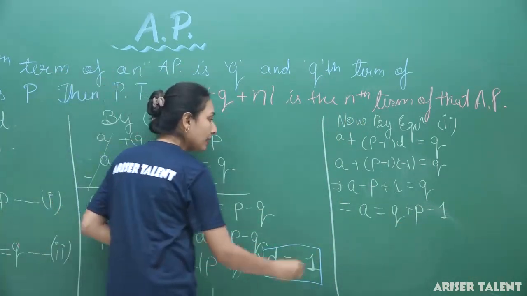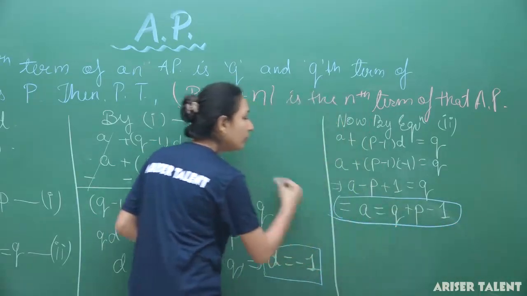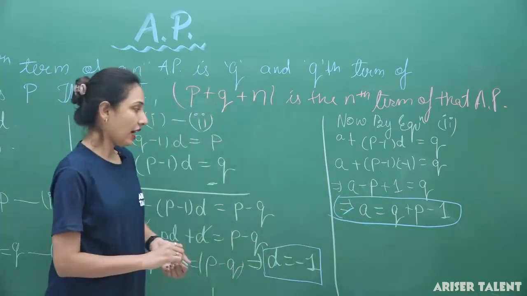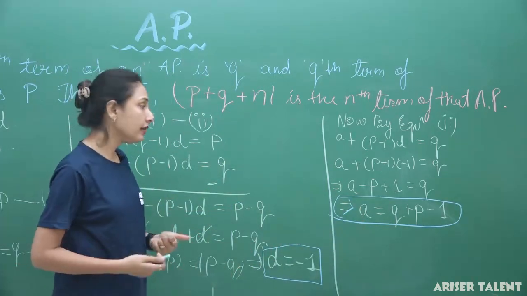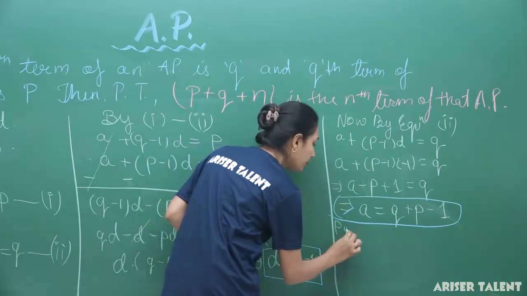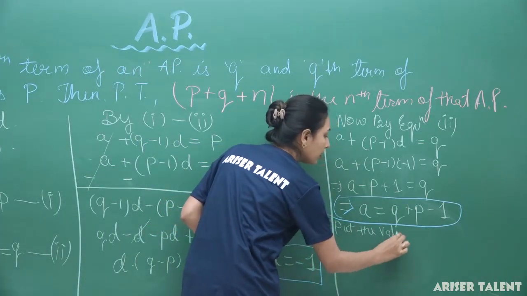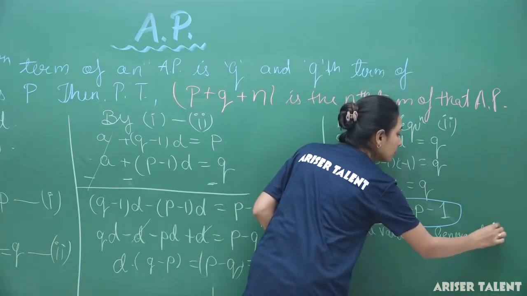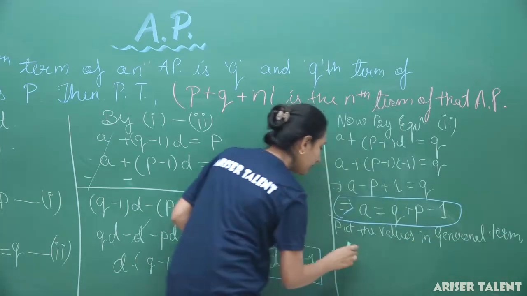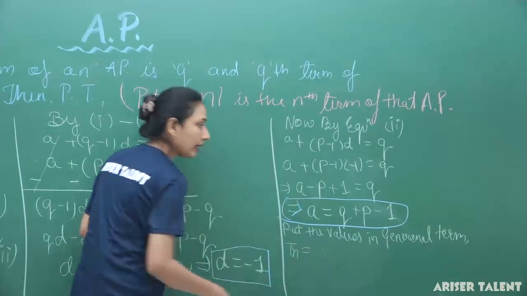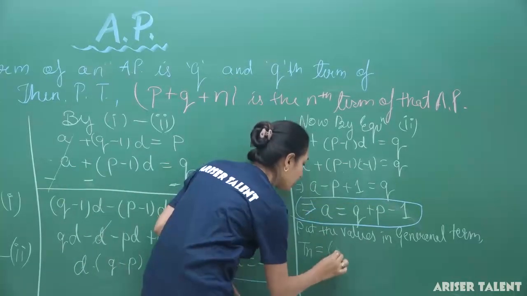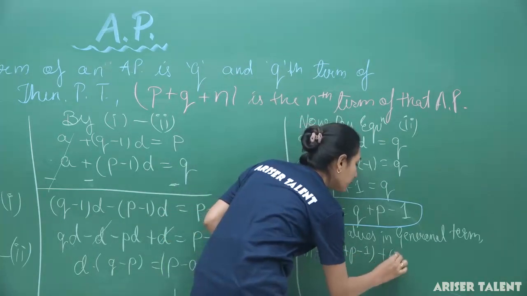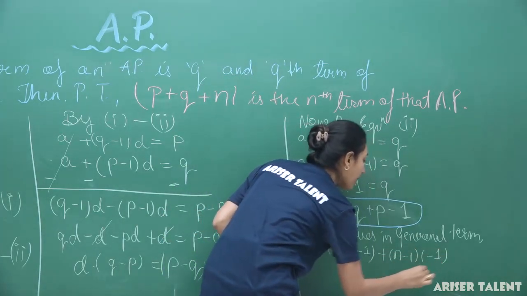You have the value of A and D. Now what are you waiting for? Just put the values in the general term. So Tn equals A, and A is Q plus P minus 1, plus (N minus 1) D, which is minus 1.